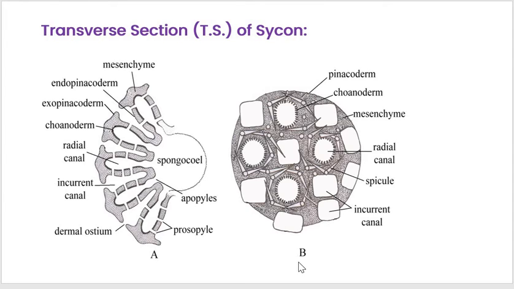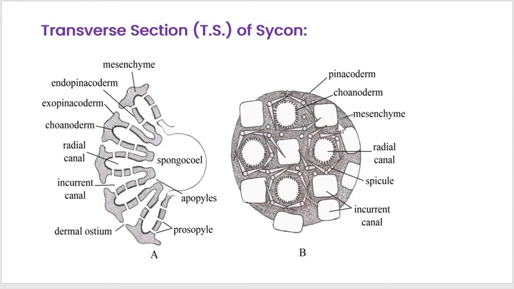You can focus on the pinacoderm in the diagram, and here you can see the choanoderm. In between these two layers lies a mesenchyme. The pinacoderm controls the interrelation between the mesenchyme and the external medium, while the choanoderm controls nutrition.